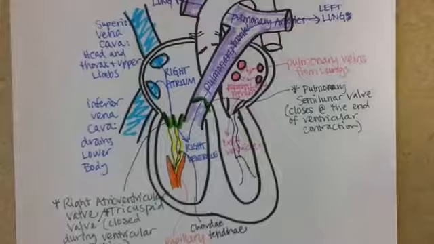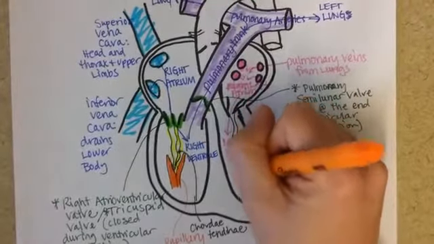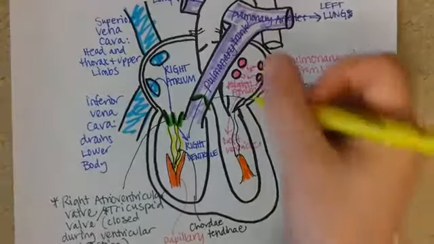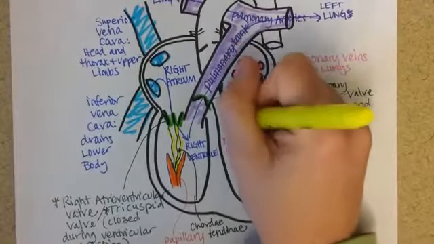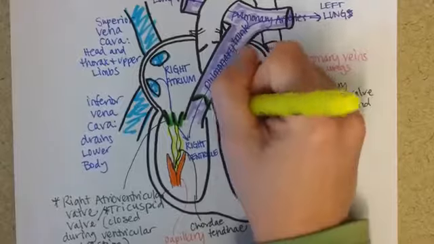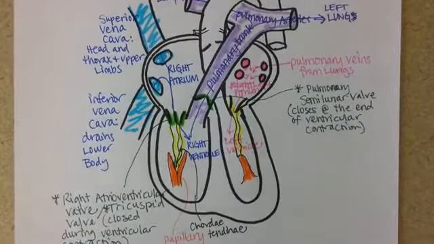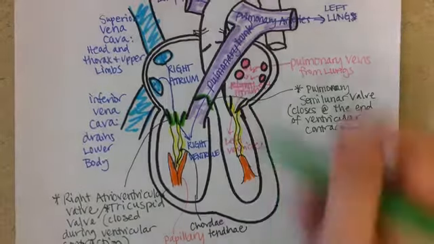And then those papillary muscles are also found in the bottom of the left ventricle. And they're also meant to hold shut an AV valve. And so we'll use green again for the valve.